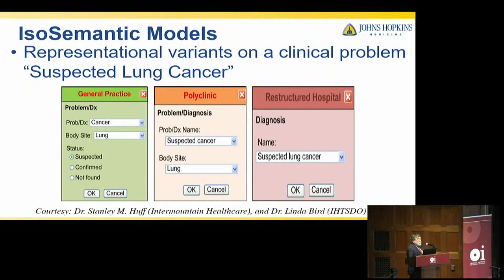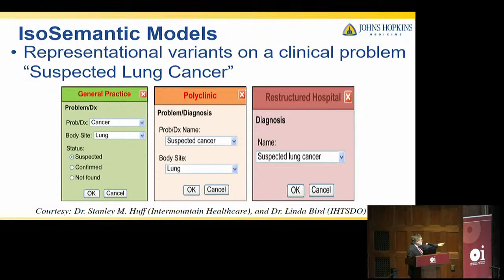Well, this notion that there's syntactic and semantic is a bit artificial, because you can represent a lot of semantics in structure. And structure is sometimes decomposed or conflated into post-coordinated semantics. So here's an example.